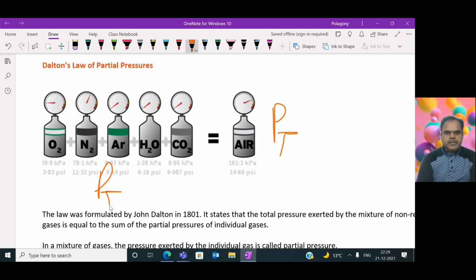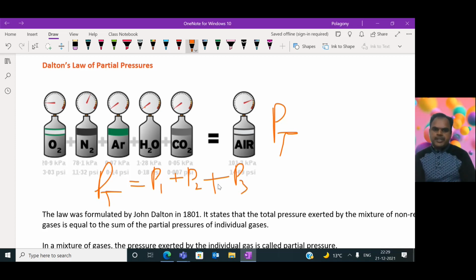That means PT, the total pressure, is equal to P1, the partial pressure of the first component, plus P2, the partial pressure of the second component, plus P3, of the third component. The sum of the partial pressures of the individual gases is equal to the total pressure of the non-reactive gases, which is called Dalton's law of partial pressures.